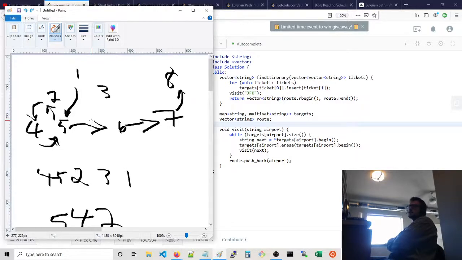I mean, they have to be cycles. Yeah, either it's one gigantic cycle or it's broken into multiple cycles.